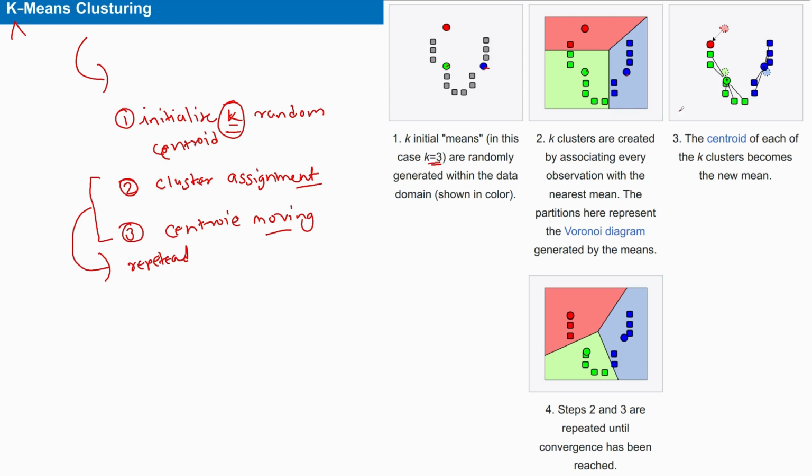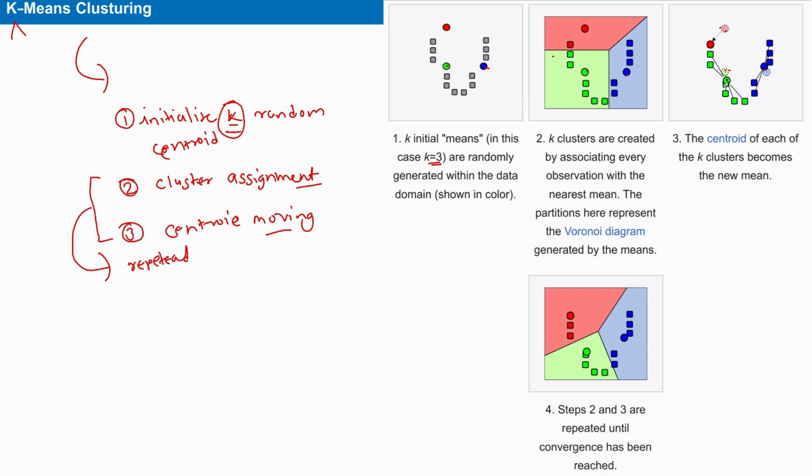With respect to this green region, initially we had the centroid at this point, but after recomputing the centroid value with respect to these green points, it moves from this point to this point. In the same way, in this blue region our centroid was initially there, but after recomputing, it moves to this point.